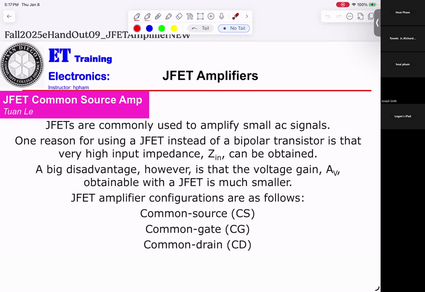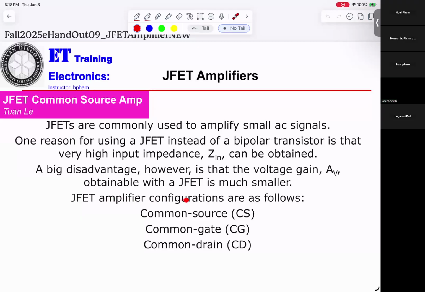That's a big difference. However, a big disadvantage is that the voltage gain AV obtainable with a JFET is much smaller.